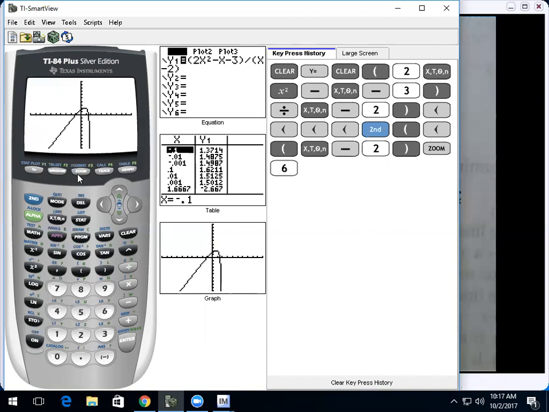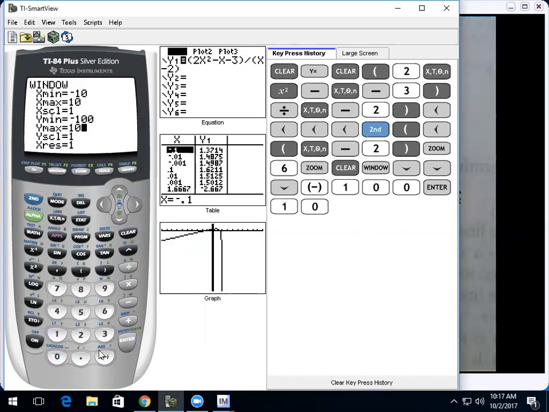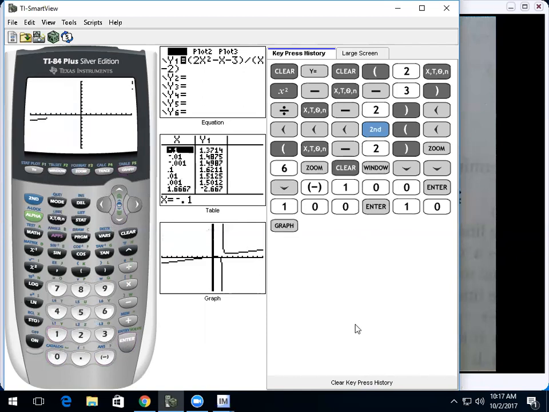I have to zoom out. Let's make my y's go from negative 100 to 100, counting by tens. There's the other piece of that graph.